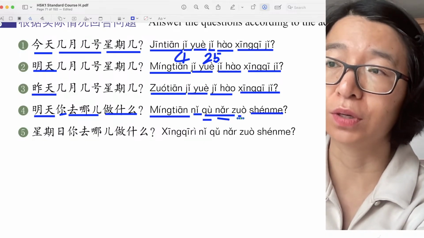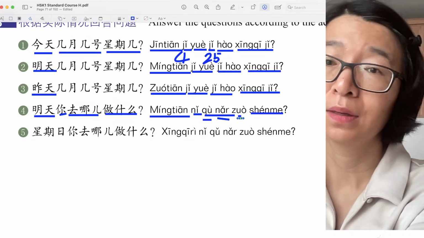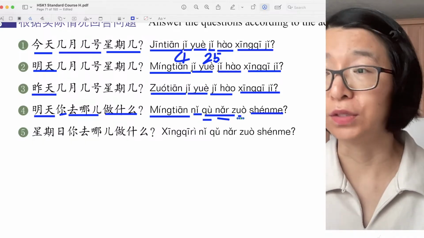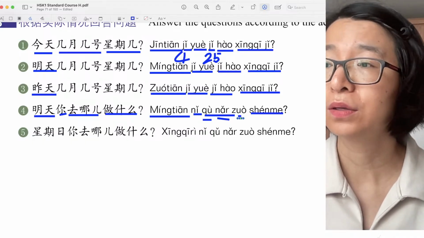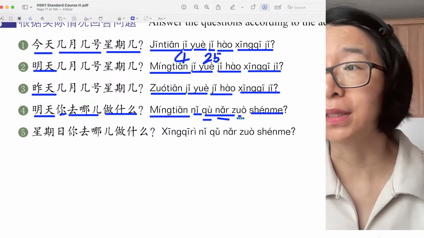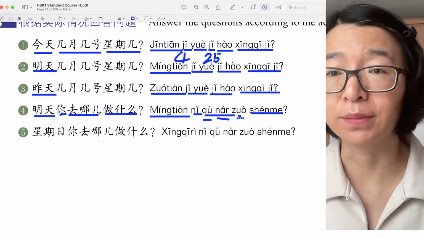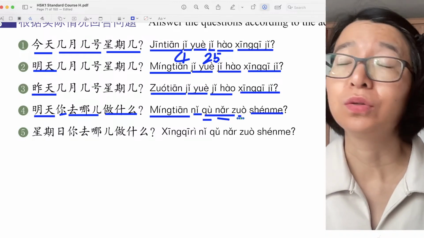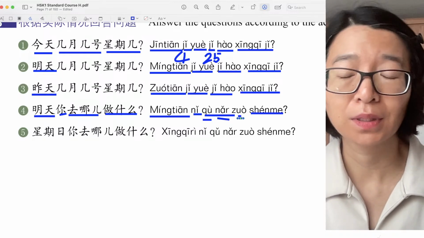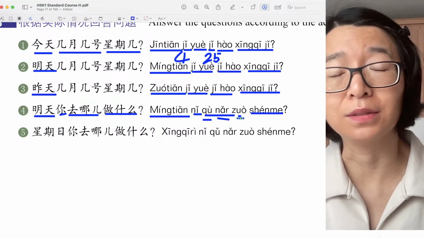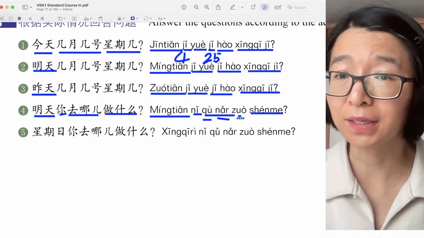So, what is your plan tomorrow? Are you planning to go somewhere? 明天你去哪儿做什么？Okay, suppose you are going to go to the park and have a picnic.